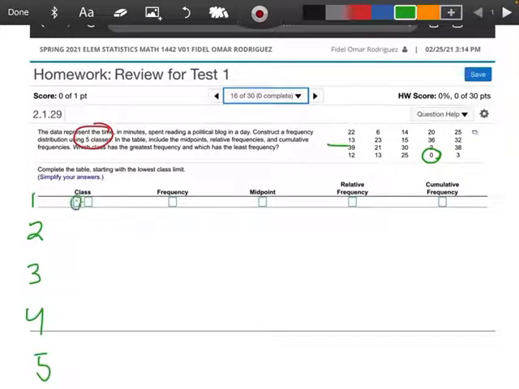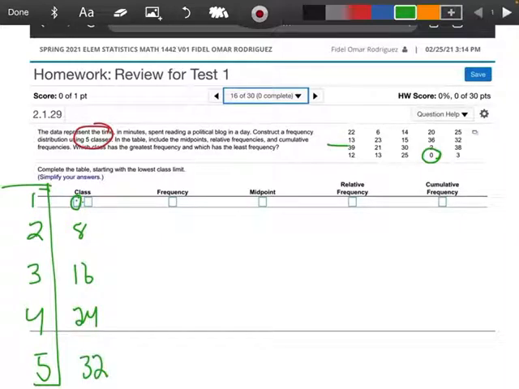Okay, we're going to put a 0 here because that's my first number. Since my class width is 8, what I'm going to start doing now is I'm going to start adding 8. So 8, 16, 24, 32, okay? So if this number here, let me get it in red so you can see what I'm talking about.